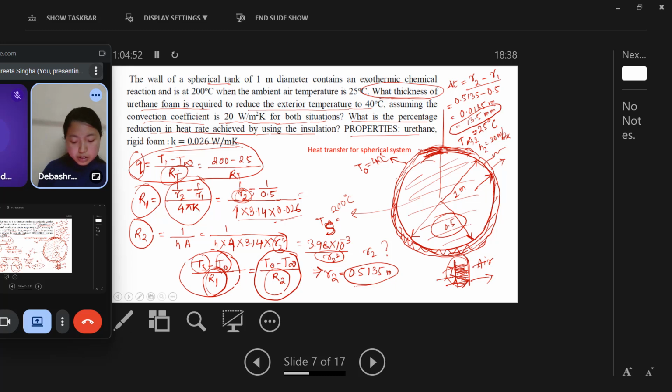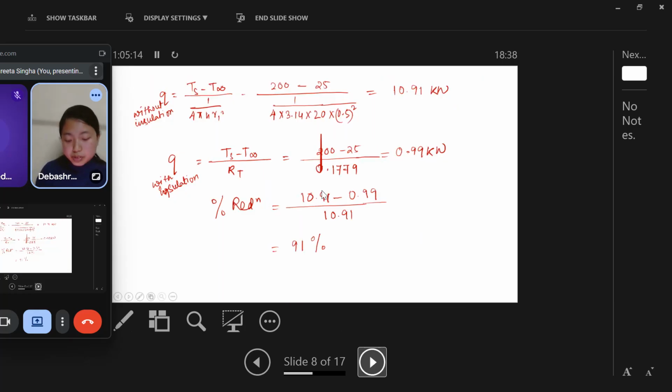In that case, you directly consider TS, that is 200, the inside temperature, and the outside temperature of 25, which is already given here. There is only a single resistance, the outside air convective resistance. So the resistance is only the convective resistance.